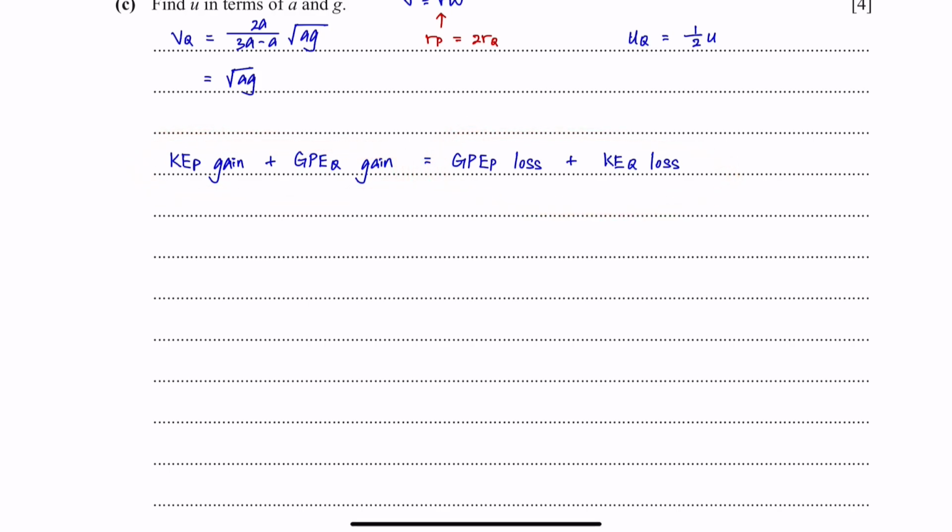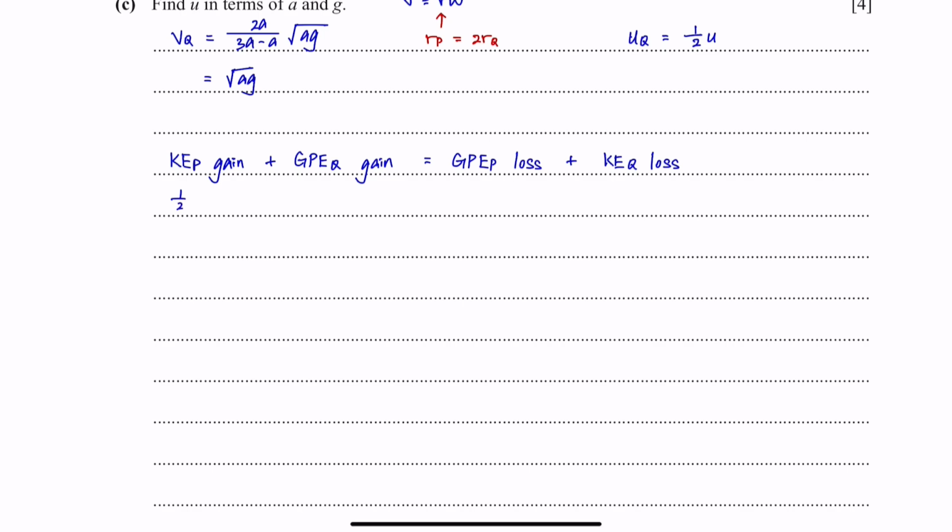And now we can start subbing in the values. Kinetic energy is half mv squared, and to find the kinetic energy gain, we will need to find the difference in the square of the velocities, or the square of the speed.